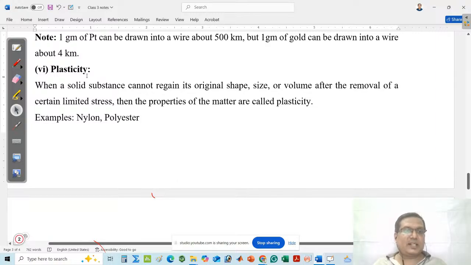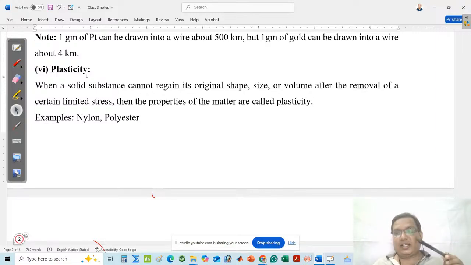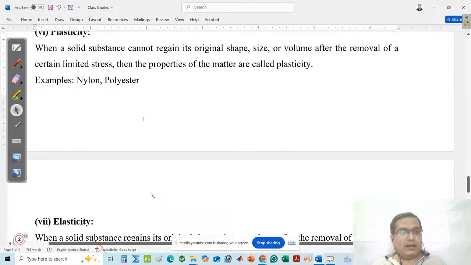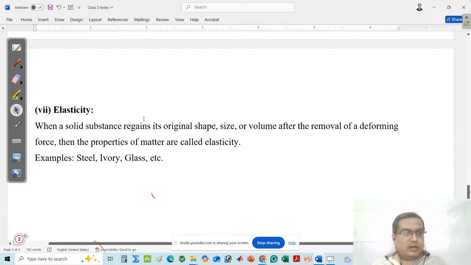We can say that when a solid substance cannot regain its original shape, size, or volume after removal of a certain limited stress, then the property of the metal is called plasticity. Examples are nylon, polyester. Elasticity: when a substance regains its original shape, size, or volume after the removal of the deforming force, then the property is called elasticity.